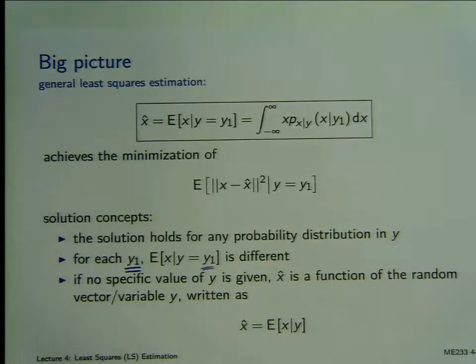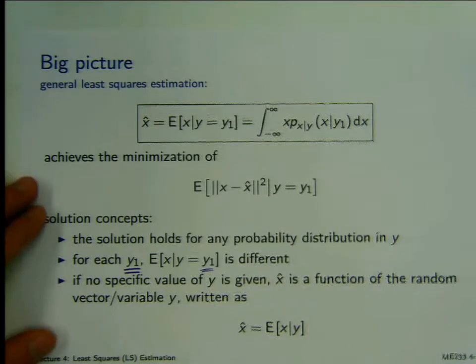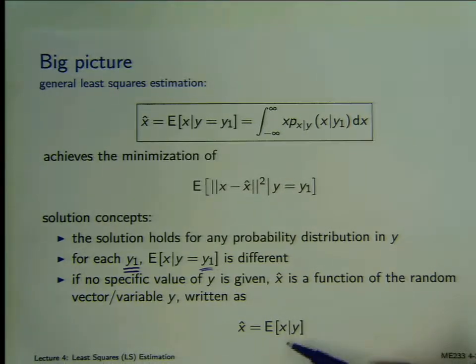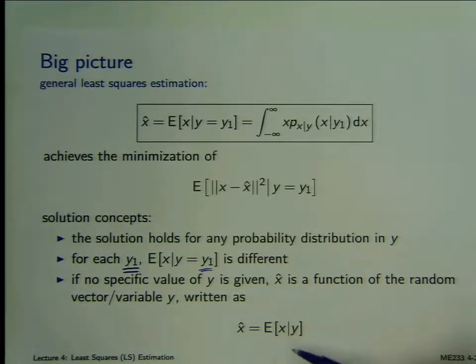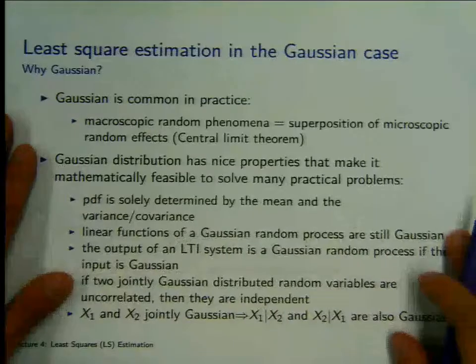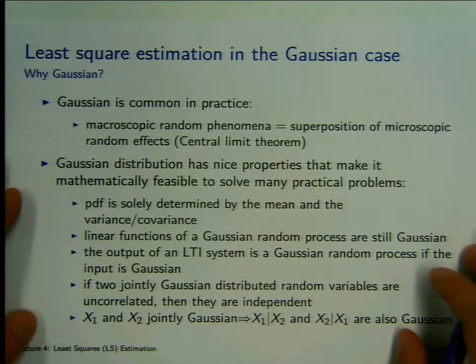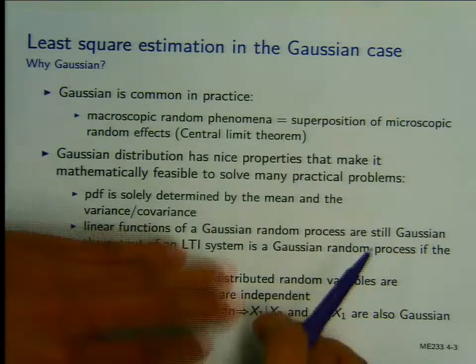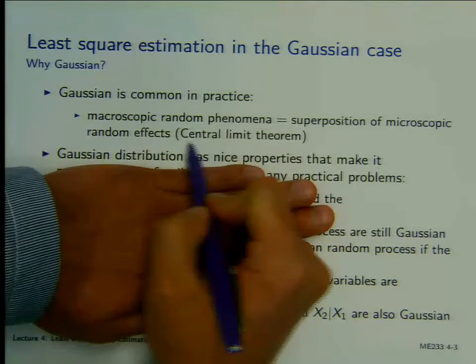What we will be following in this course, starting with today's lecture, is the case where x and y are Gaussian. I want to briefly summarize why Gaussians are important before we discuss the details of the mathematics.